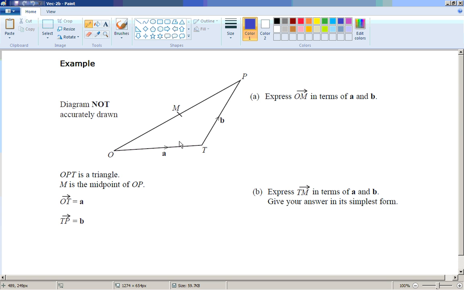Now O to P, so we first go to T, so that's going to be A. Then you go to P from T, so that's B. But OM is half of OP.